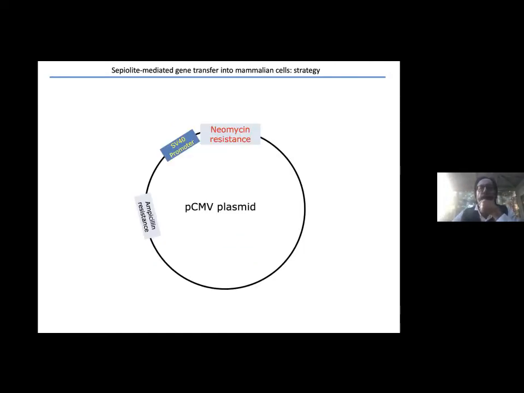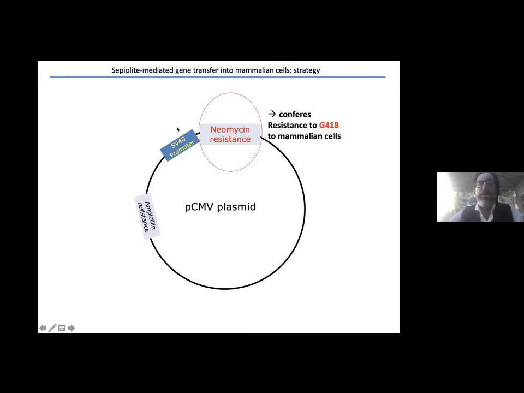So to test whether we can transfer some genes into cells with the sepiolite, we used a plasmid DNA encoding for a gene giving resistance to the cells to an antibiotic, G418. When we put G418 on the cells, they die.